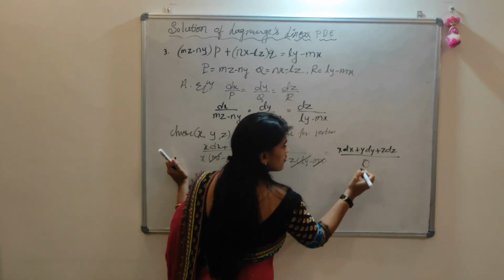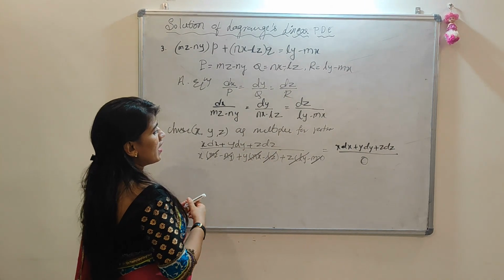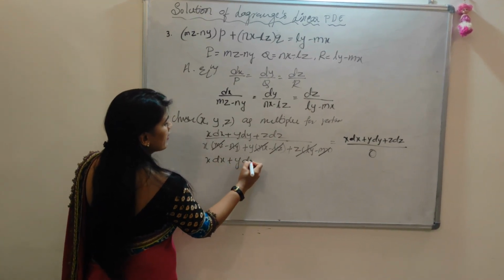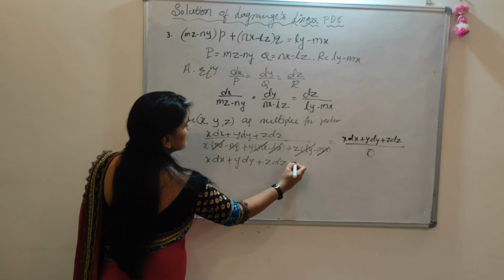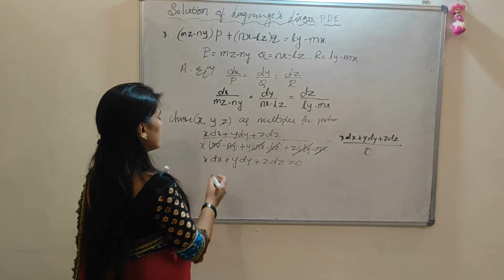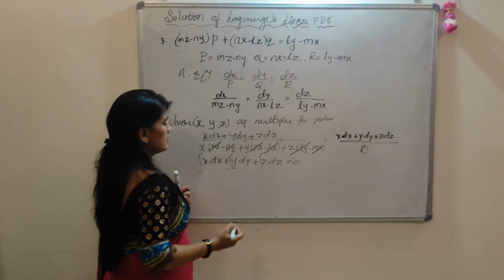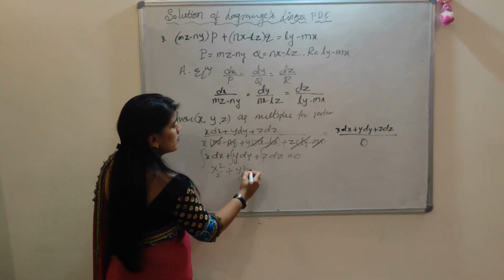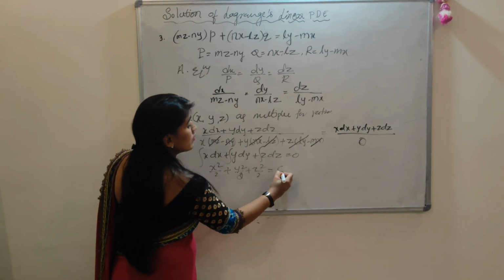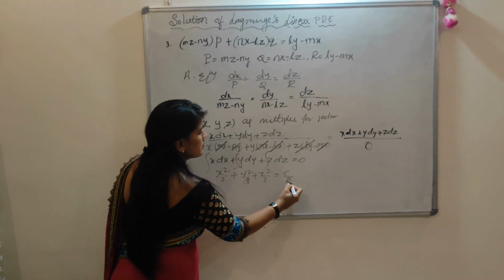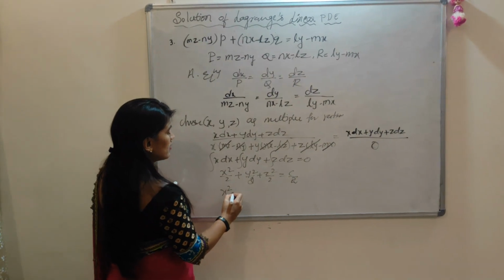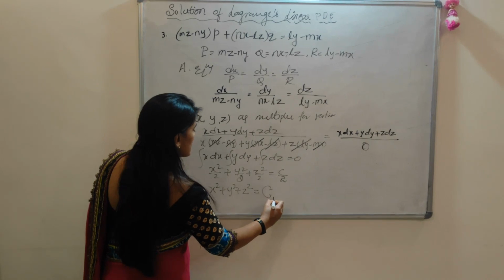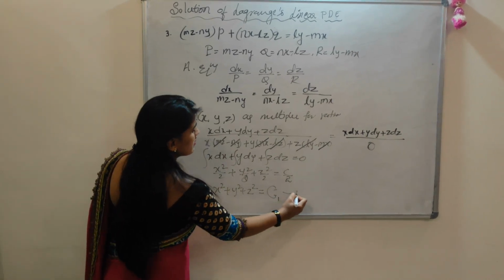So, like this we have to choose the multipliers. After this step we have x dx plus y dy plus z dz is equal to 0. Easily we will get the solution by integrating these terms. So, x square by 2 plus y square by 2 plus z square by 2 is equal to c, otherwise c by 2. Therefore, the solution is x square plus y square plus z square is equal to capital C1. So, this is our first solution.